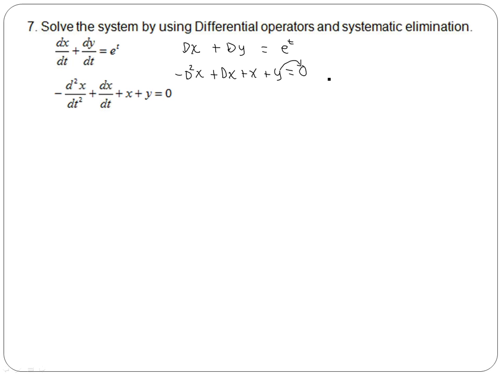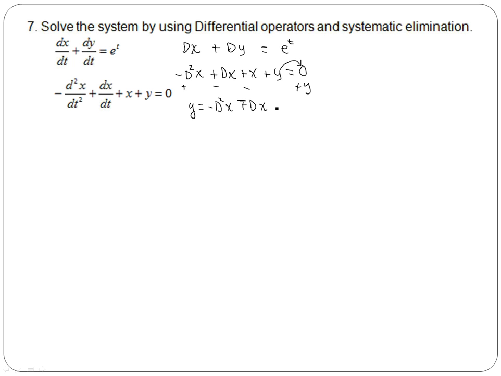If I bring the y over to the right side, that's going to give me a negative y. So to get y, I'm going to have to multiply through by a negative. That's going to change this to a plus, to a minus, to a minus. And I'm going to get y equals negative D squared x plus Dx. No, that should be a minus.